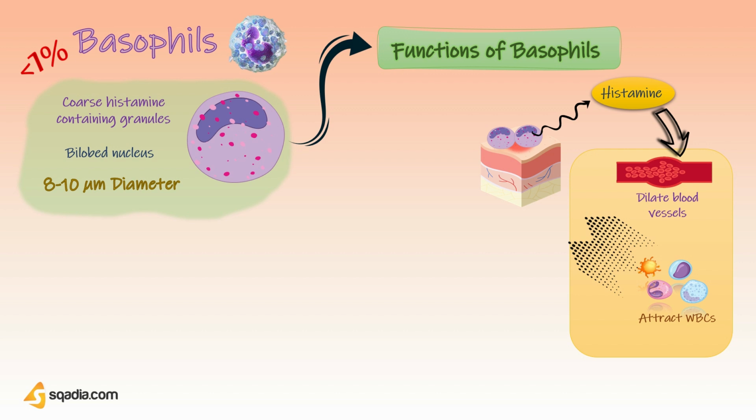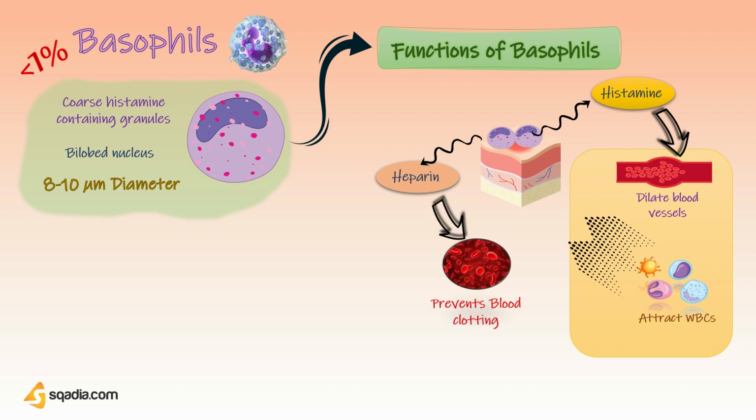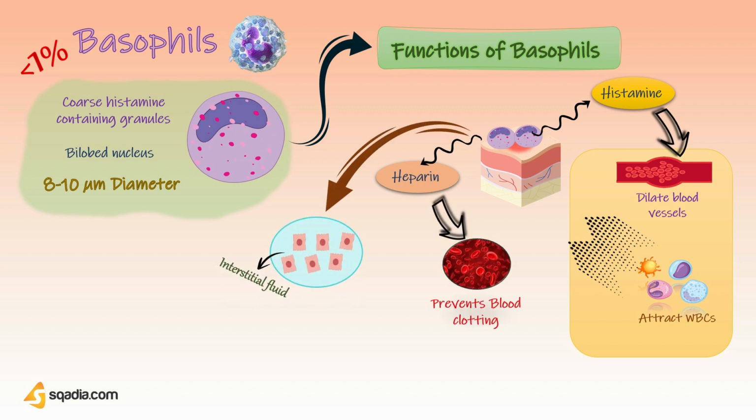Other than this, basophils also release heparin, a compound that prevents blood clotting. Stimulated basophils release these chemicals into the interstitial fluids, and thus, these chemicals enhance the local inflammation as initiated by mast cells. So basophils work in close resemblance with mast cells. This was all about granulocytes.